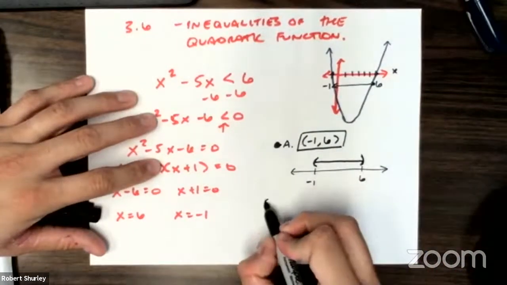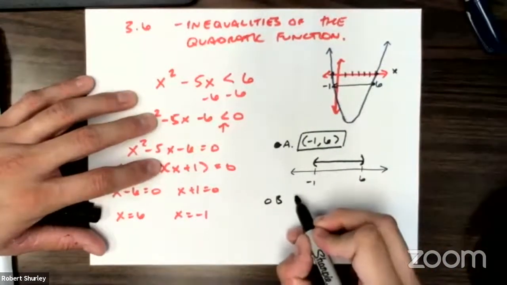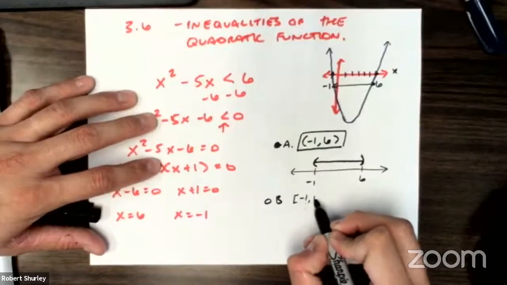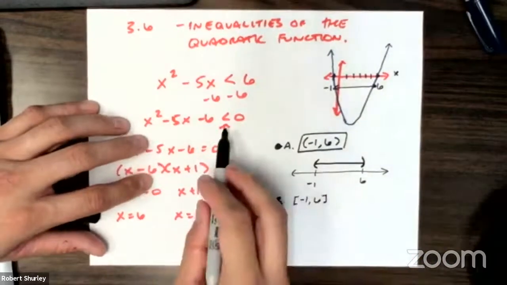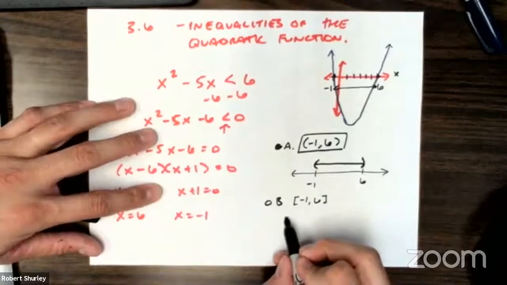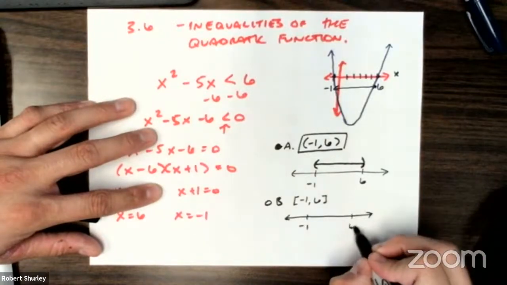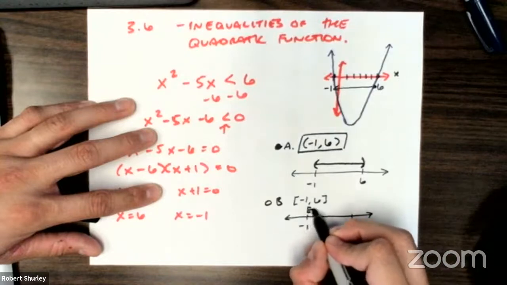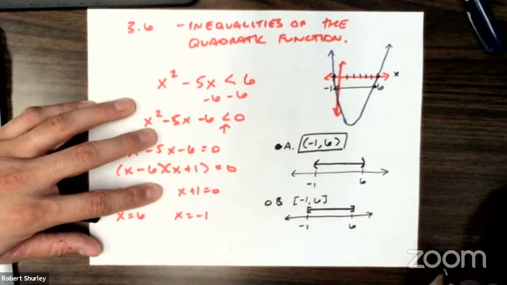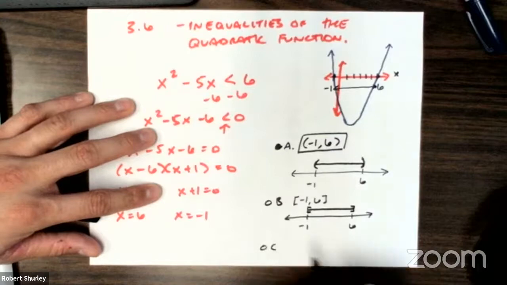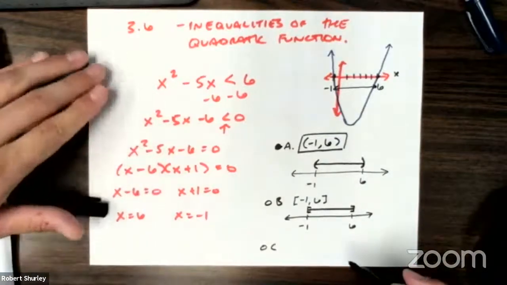And then like B, which isn't the answer, might be the brackets, negative 1 to 6. But we know we're not going to be including the endpoints because it's a less than. But then it'll have the graph underneath it, negative 1, 6, and it's going to do like a bracket like that, okay? Or C might be the opposite, right? When it's actually above.